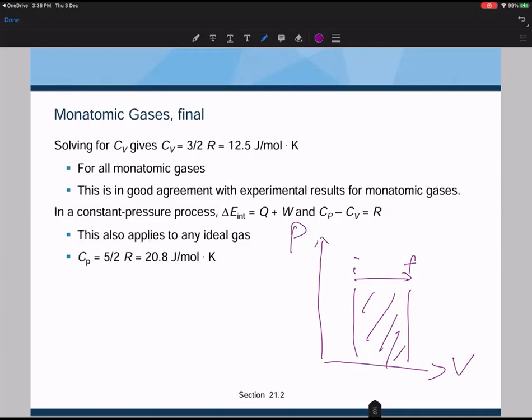Any temperature change is due to the heat transfer. And in a constant pressure process, like the one shown in the diagram now, you have the temperature change, which involves the internal energy change, and you also involve work done. So heat is used to compensate the two factors, work done as well as the internal energy change.